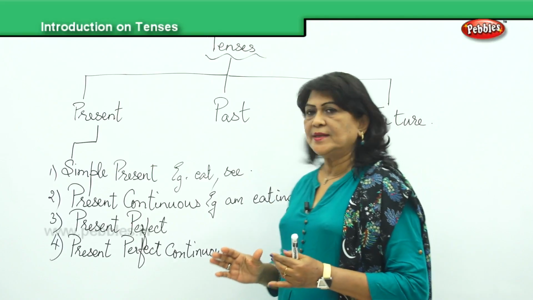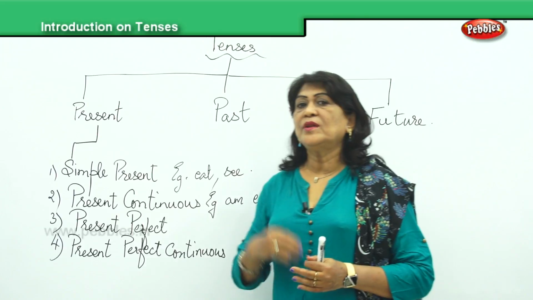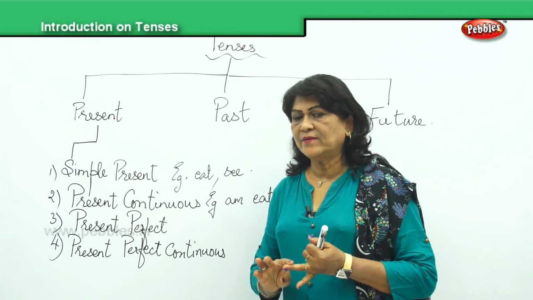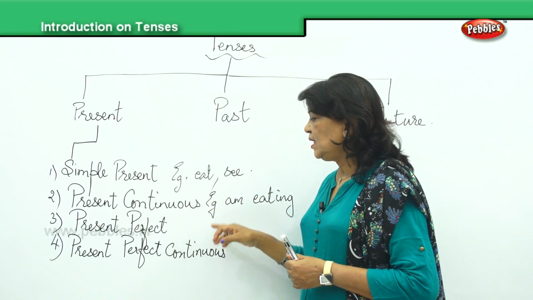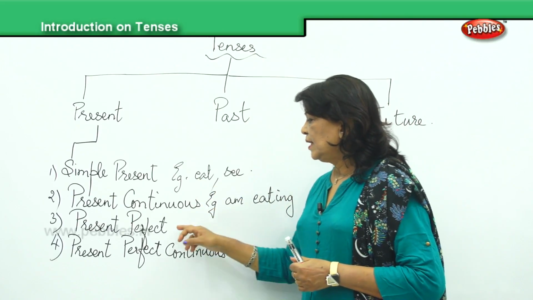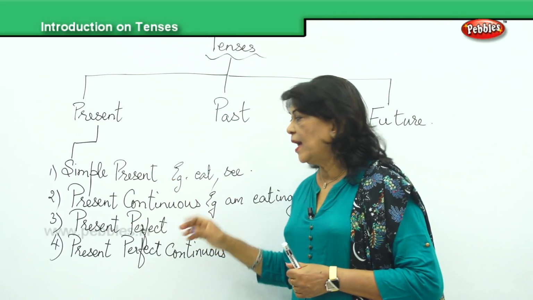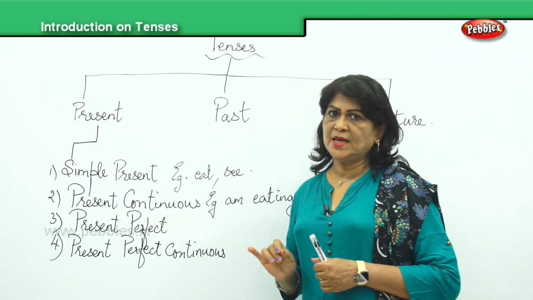Now, the present perfect tense. Present perfect tense always has a verb, and before the verb we have has and have. For example, she has eaten, or he has seen, or they have eaten, or they have seen.